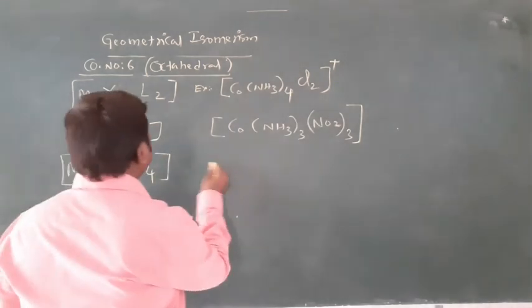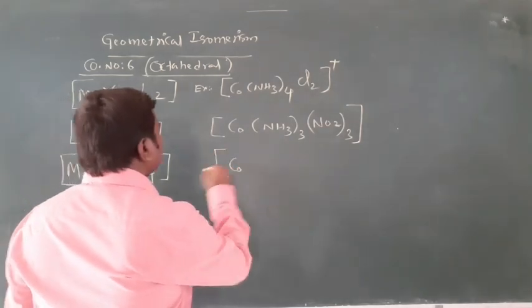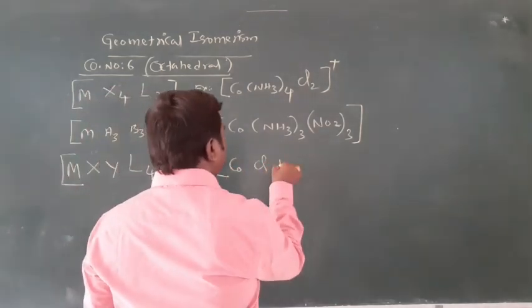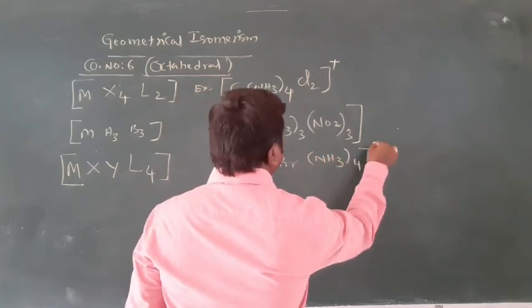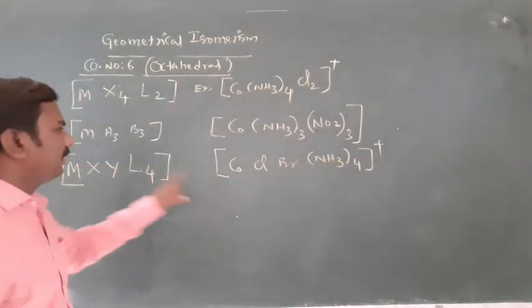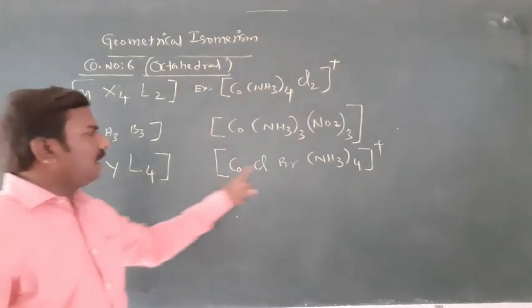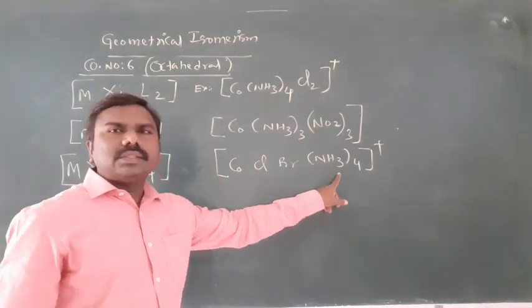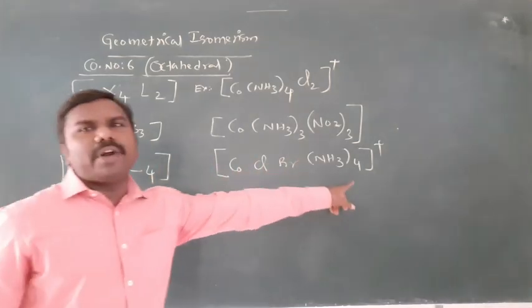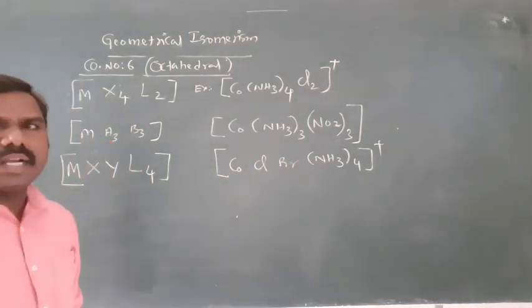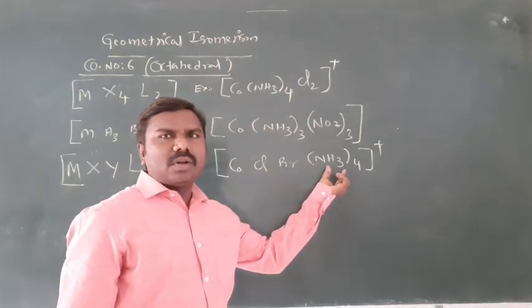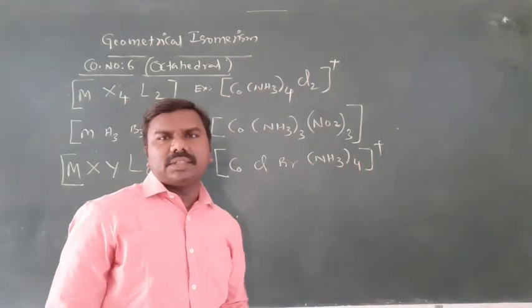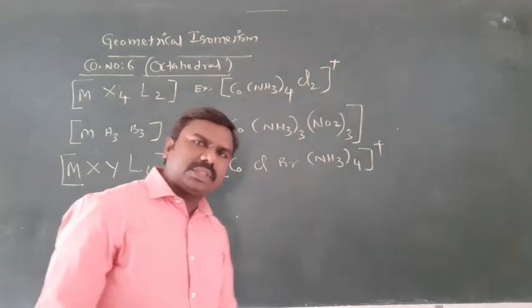Example is Co Cl Br NH3 4 times. X is Cl, Br is Y, and L 4 times. Co is the central metal atom. So these ligands on the same side or opposite side, then cis and trans are possible.